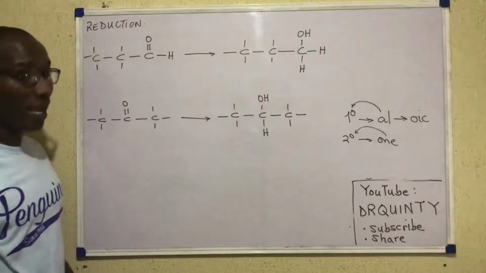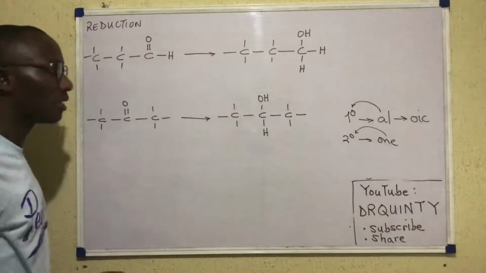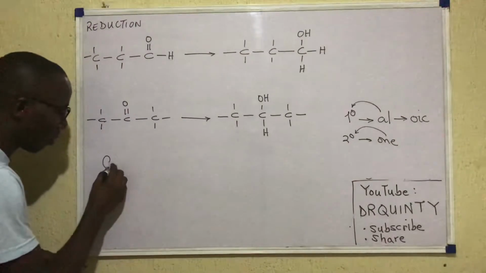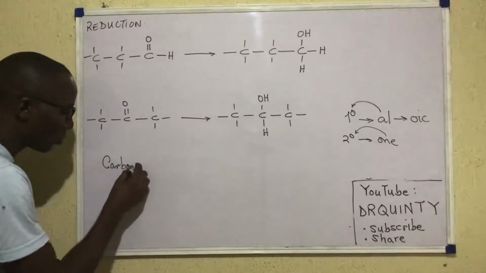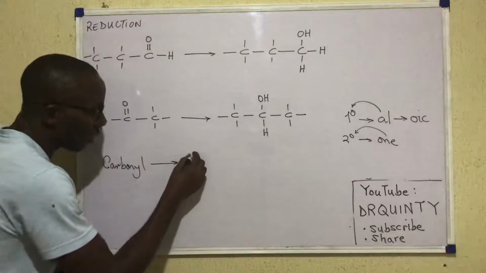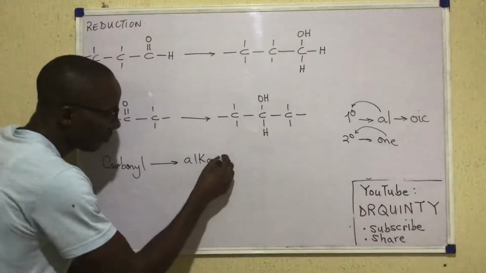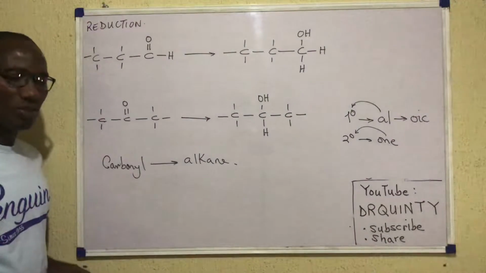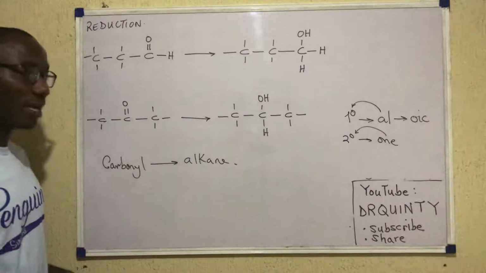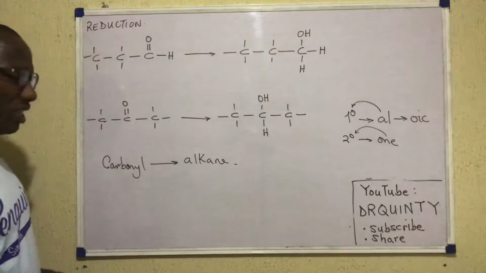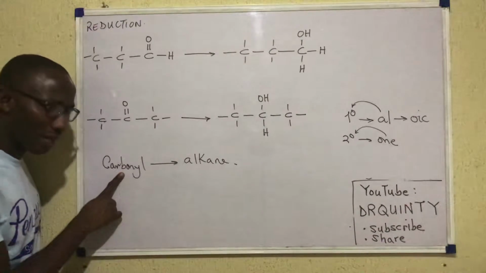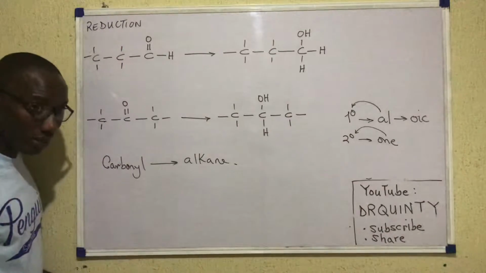Another option we have that is of importance is reduction of a carbonyl compound, not into alcohol, but into alkane. So the question is, can carbonyls be reduced into alkane? The answer is yes. And what would we need? What reagents can we use to convert a carbonyl into an alkane?